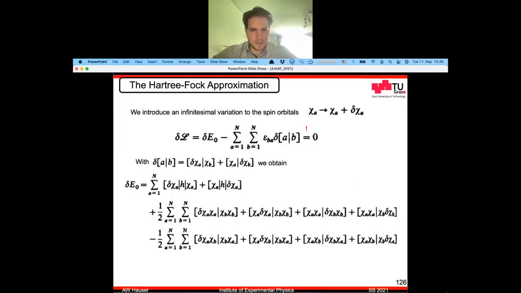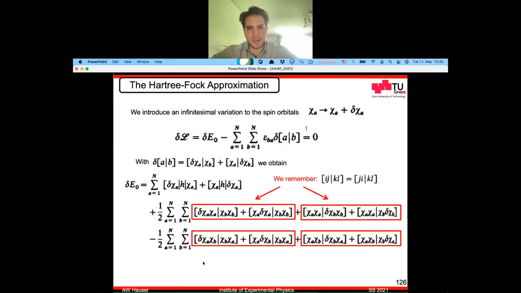And now, fortunately, we can simplify this expression a little bit because we remember, and just not to confuse you, you see this is in this square brackets notation here, right? So we are following this chemist notation. Here, the chi's are grouped together with respect to the electron coordinate we are actually integrating over.